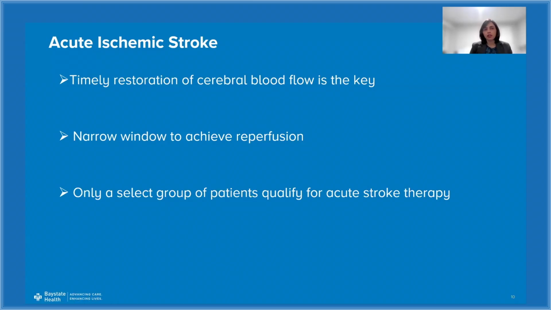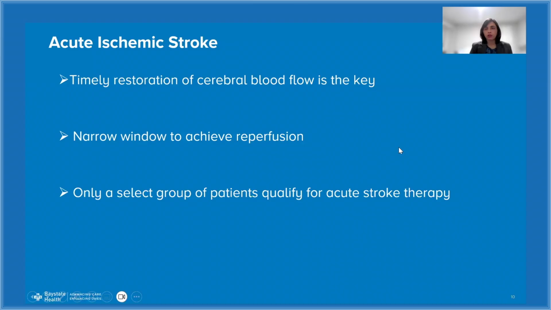So what do we do if someone is suffering from an ischemic stroke, and how do we treat them? During treatment, the most important thing is time. Timely restoration of blood flow is the key to better recovery, and we only have a very narrow window to achieve reperfusion.